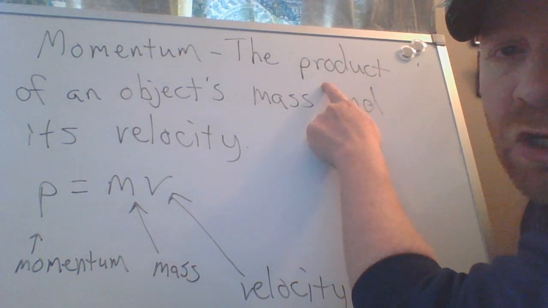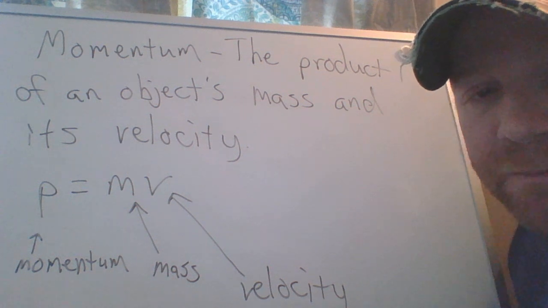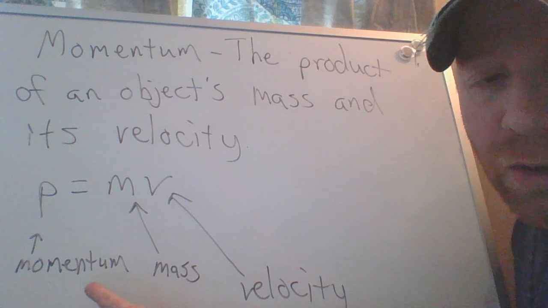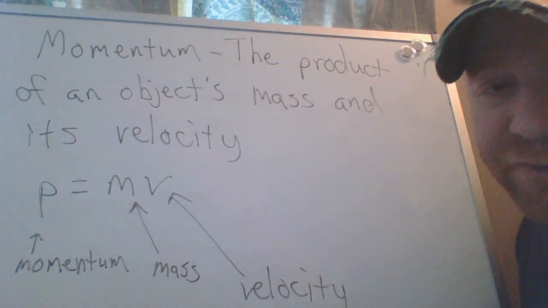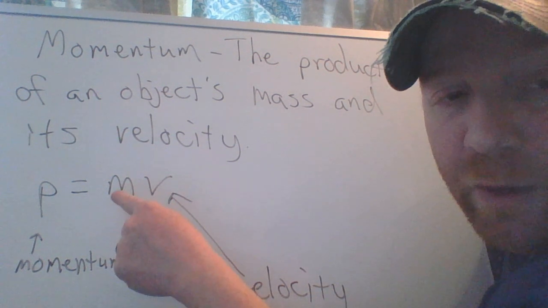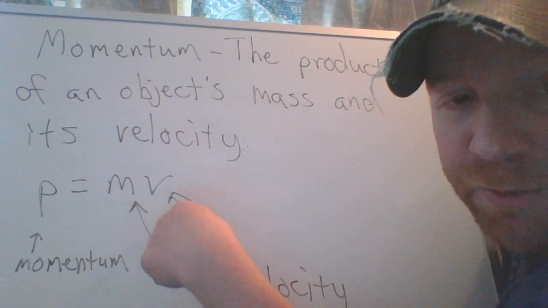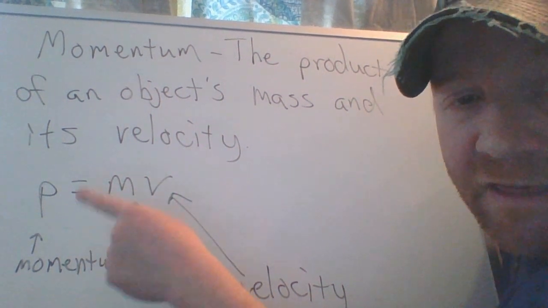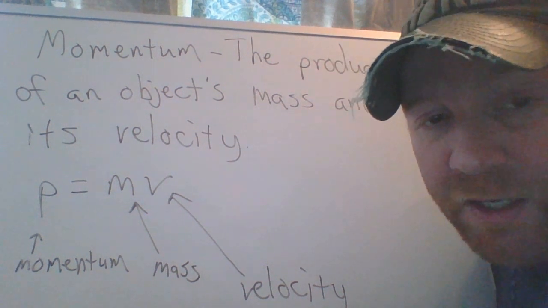When I say the term product, you should be thinking multiplication. Here is the equation. P stands for momentum. M stands for mass. V stands for velocity. So if we multiply an object's mass times its velocity, we'll get its momentum.